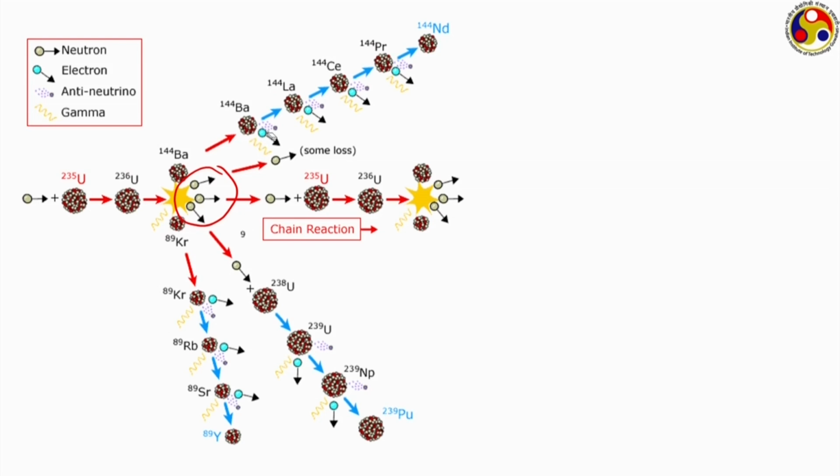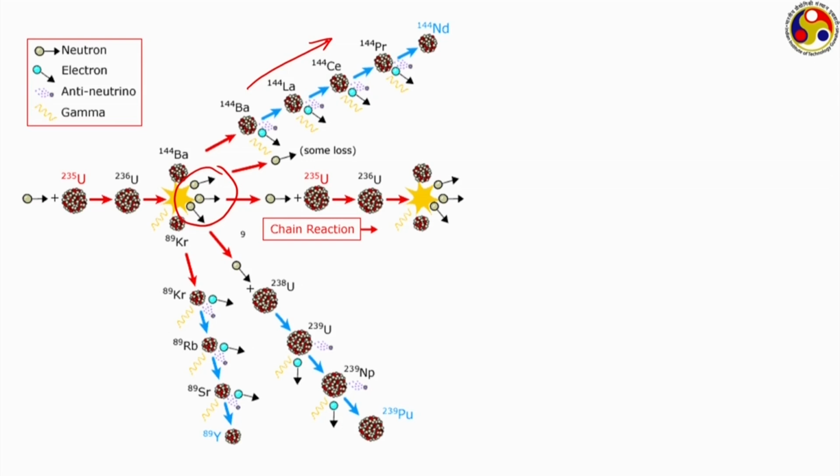Out of this, Ba144, which is highly radioactive, goes through this radioactive chain, finally to settle down as Nd144, and all these steps generally involve electron emission or beta minus emission. Thereby their mass number remains the same, but atomic number continually keeps increasing by 1, so that it finally gets converted from barium to Nd.